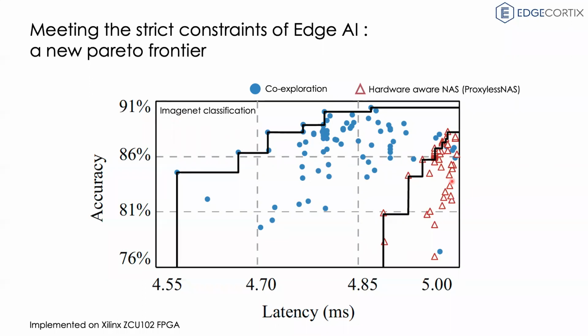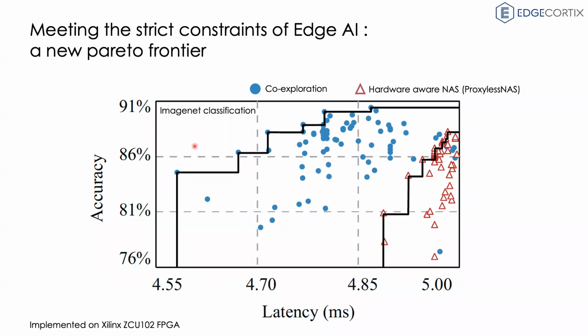The red triangles that you see here are obtained using a similar algorithm, however, without the co-exploration component. That means you are now constrained by a fixed hardware design, and you're only adding latency and efficiency constraints for that fixed hardware, what we call hardware awareness.